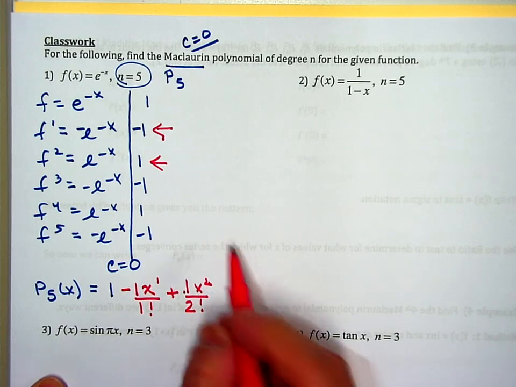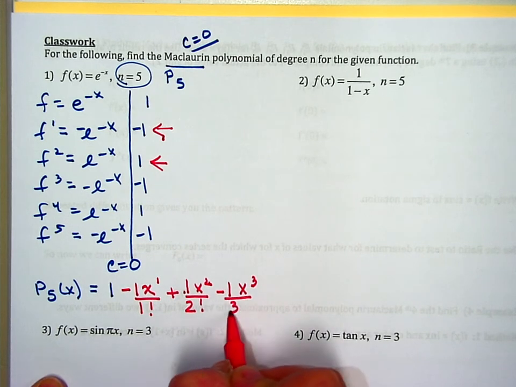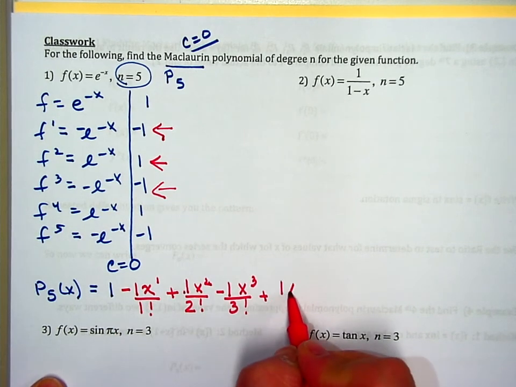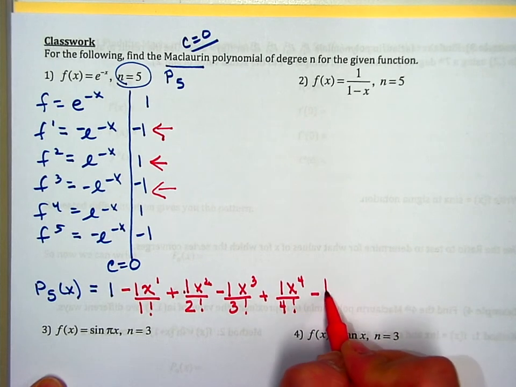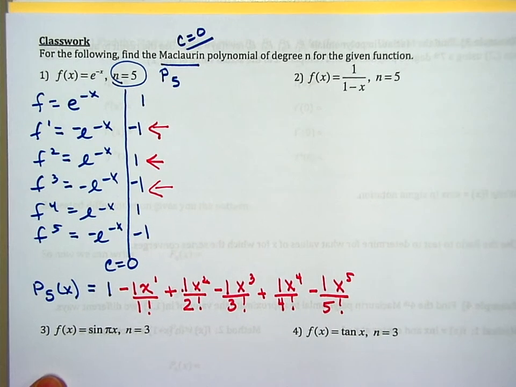So the pattern continues, minus 1 x to the third over 3 factorial. That was my third derivative. Go to the fourth derivative, which is 1, x to the fourth over 4 factorial. Fifth derivative, minus 1, x to the fifth over 5 factorial. So this is my 5th degree polynomial that approximates e to the negative x.